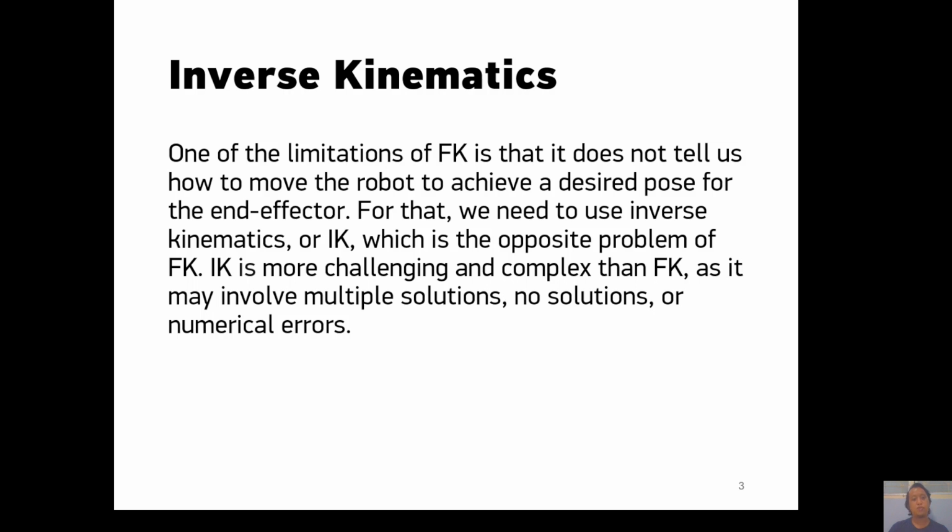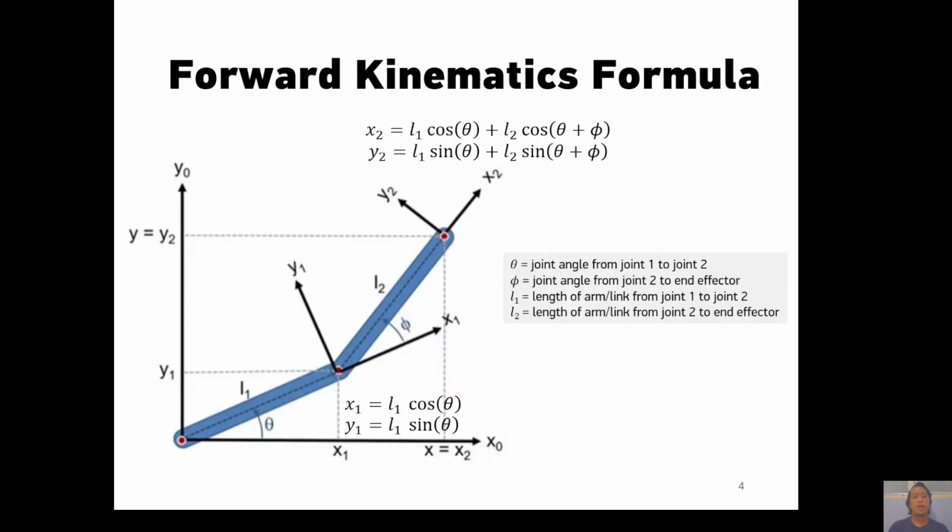The calculation for inverse kinematics is more challenging and complex because it involves multiple solutions or maybe numerical errors. And in this video, I only cover the forward kinematics formula.